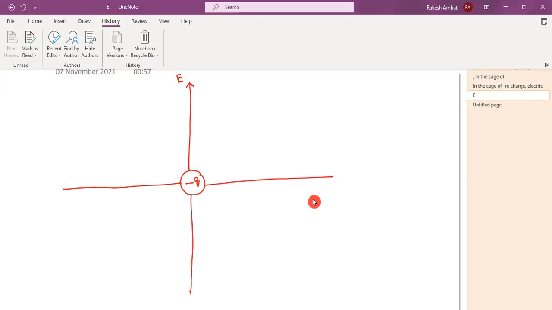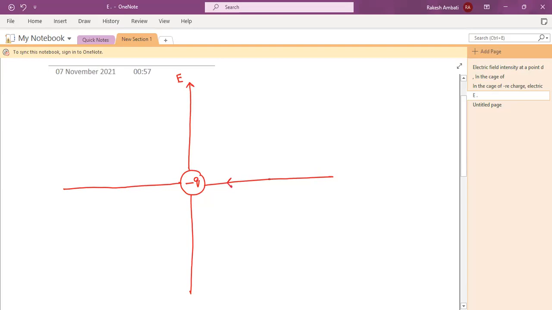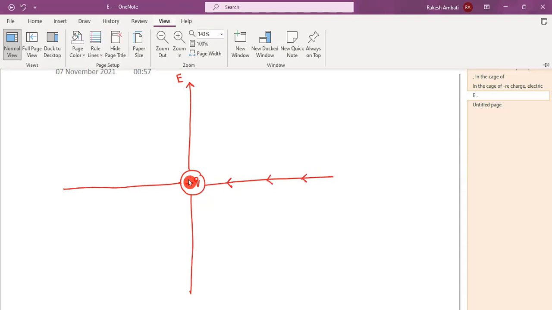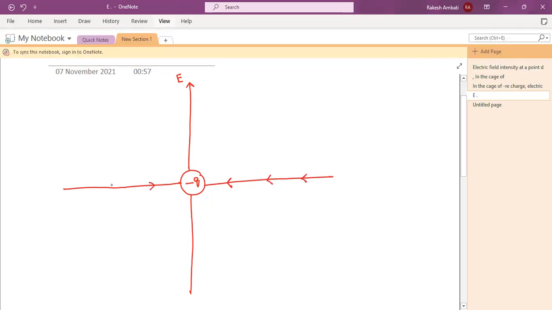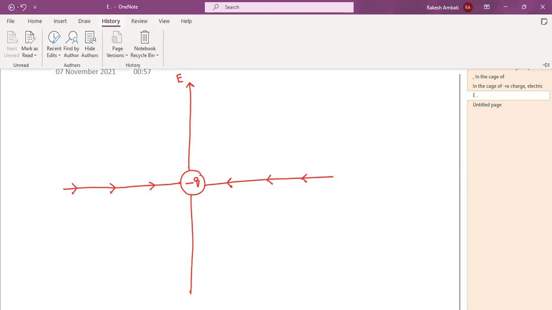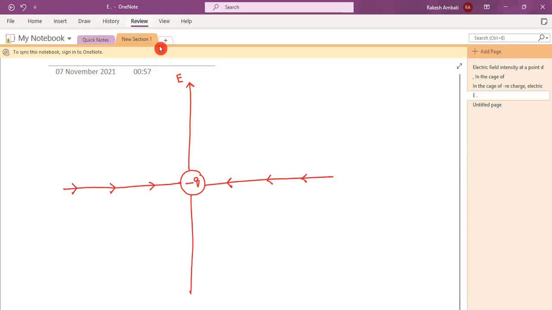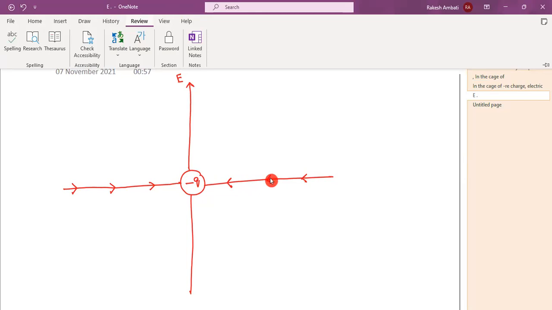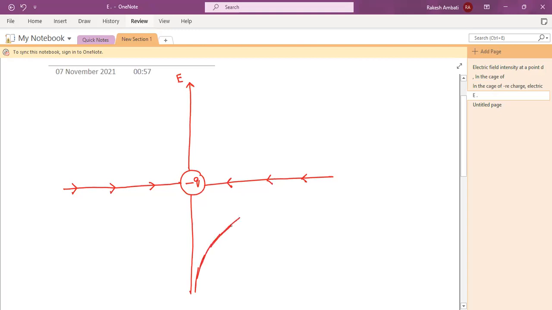So here, electric field is in the negative direction, so we draw the graph on the negative side. As the distance increases, intensity gradually decreases.